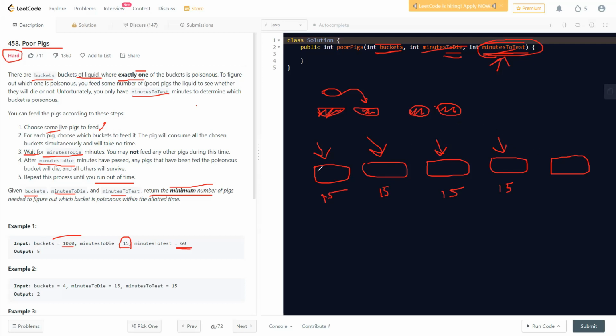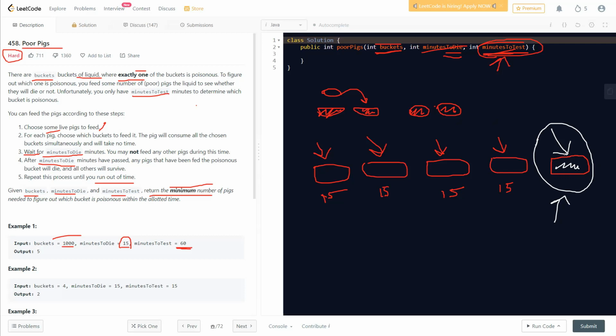If the pig survives all the four buckets, then can we be sure that this is our culprit? This particular last bucket, which we didn't feed to our pig, this one is the bucket that is poisonous, right? We can say that because the pig survives all the buckets, so there's another bucket that is poisonous and the pig didn't taste that.